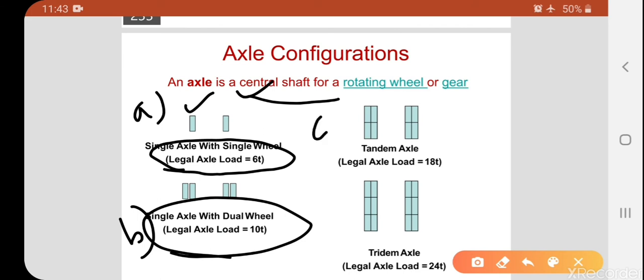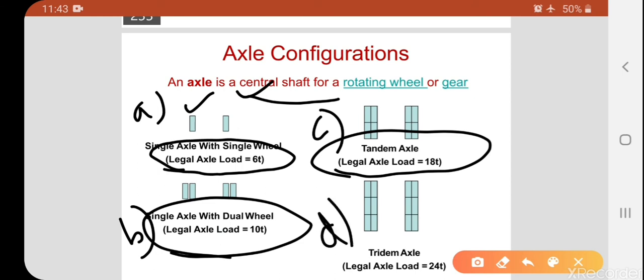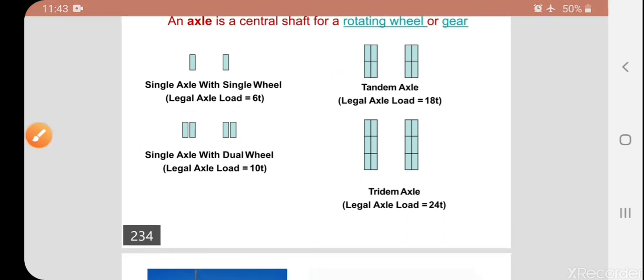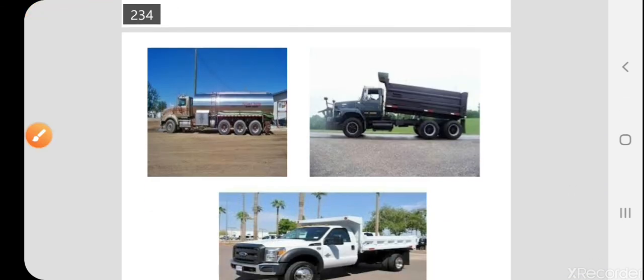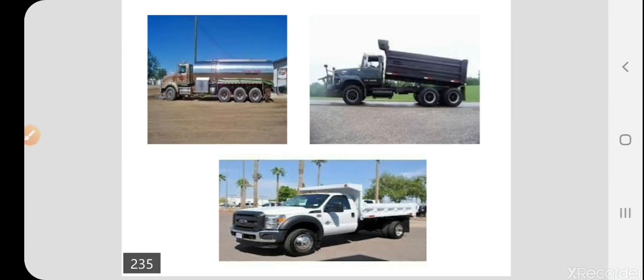And the third case, that is C, tandem wheel. Here the legal axle load will be 18 tons, more than the first and second. And the last one is D, 24 tons. This one is the heavy tonnage vehicles. So we can see here 24 tons vehicles.